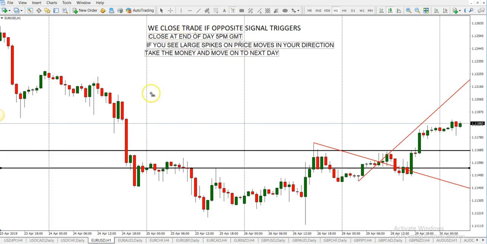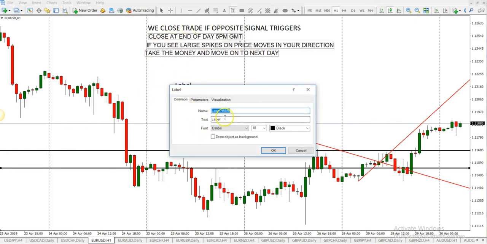Very important again for a system: every signal that appears each day.